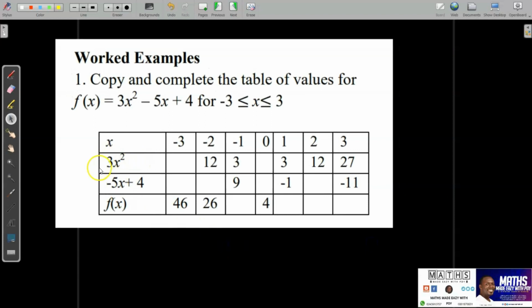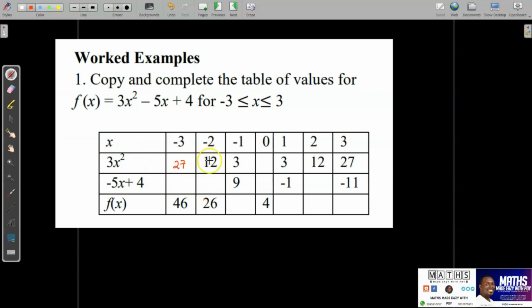If the x value is -3 and we want to find 3x squared, we substitute -3 into x, and that is going to give us +9. +9 times 3. Please, final answer is what? 27. So we have 27 here.